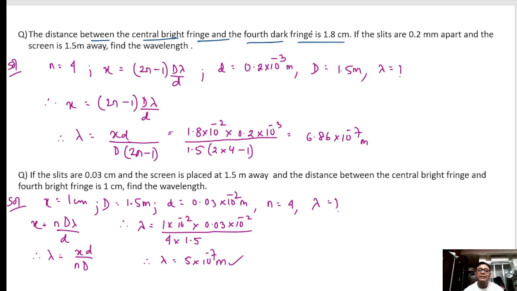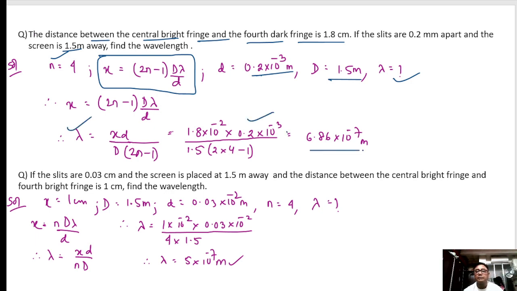The distance of the dark fringe x is given by this formula, where n equals 4. The screen distance is 1.5 meter, slit width is given to us, wavelength I don't know, and x is also given to us. So we have to calculate the wavelength from here.